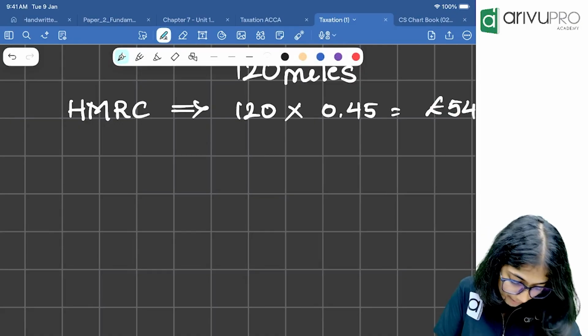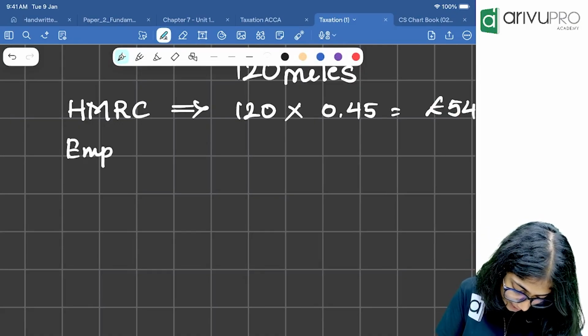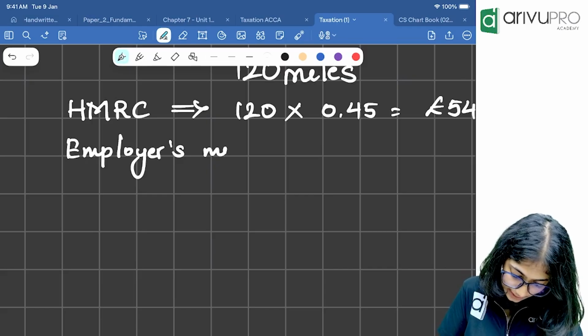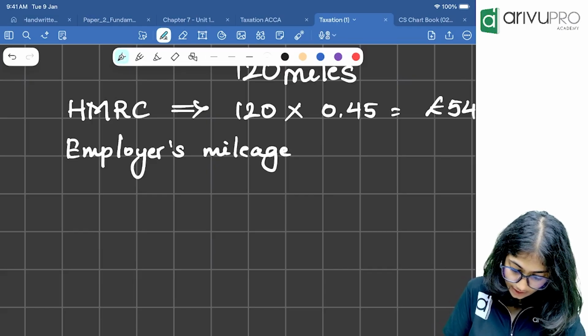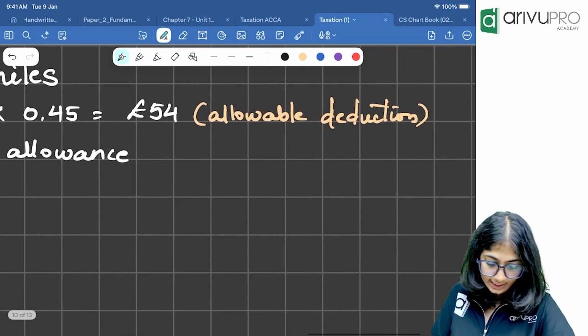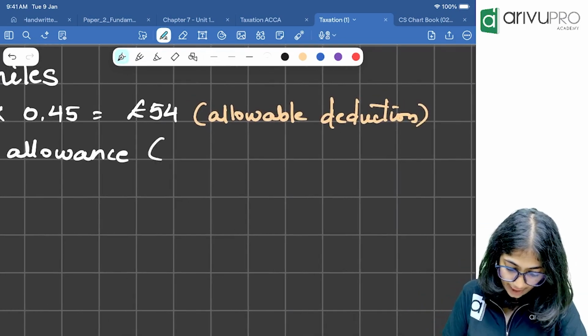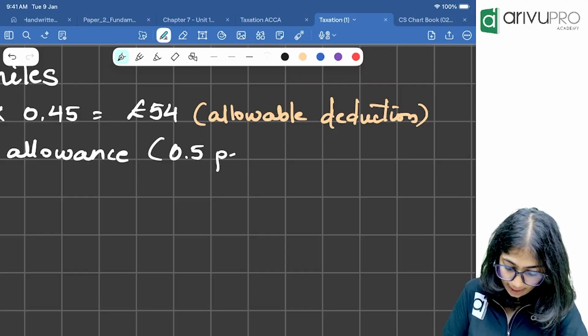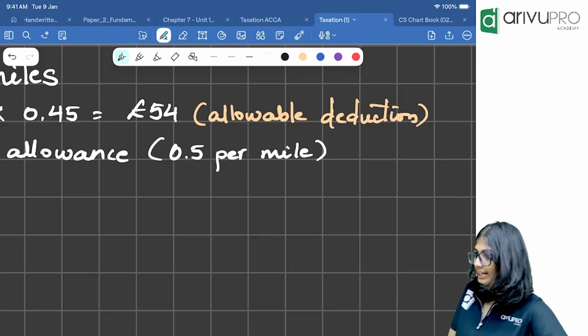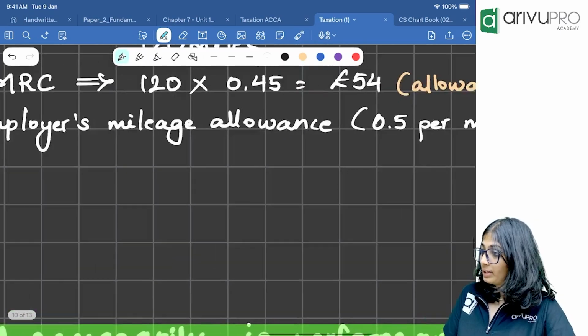What's going to happen? Employer's mileage allowance. Let's say the employer's mileage allowance is, instead of 0.45, 0.5 per mile.